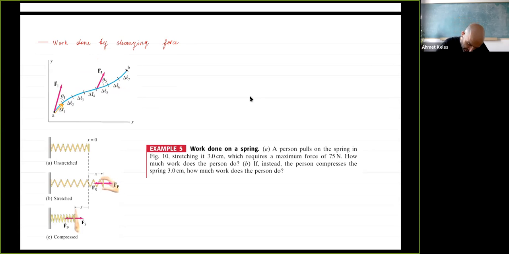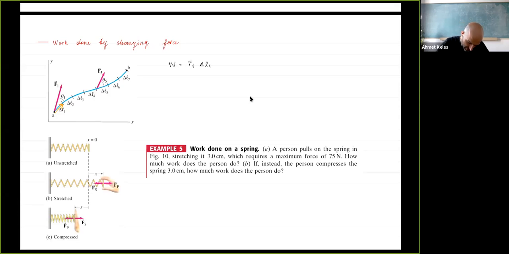So I would write it something like this: work is equal to this first force and this delta L1. Actually, I don't want to write it like this every time, so maybe I can use the vector notation we introduced.